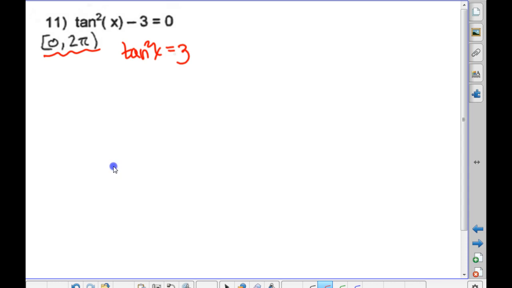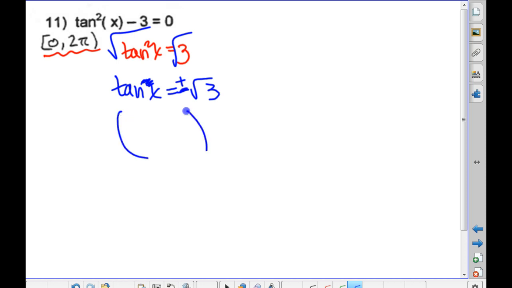After you added 3, what did you try? So you have the tangent squared is the square root of 3. It should be regular tan, you're absolutely right. And it should be plus or minus over here. Okay.